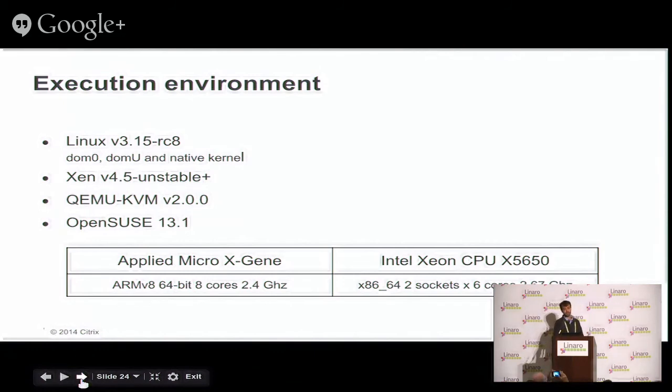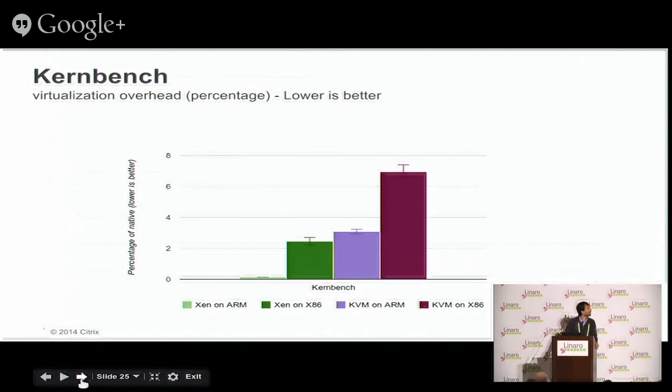On the ARM side, I've used an Applied Micro X-Gene, an 8-core ARM v8 SoC. And on the Intel side, an Intel Xeon x86-64, 2 sockets, 6 cores per socket, from a couple of years ago. The first benchmark I used is Kernbench. It is the time to compile the Linux kernel.